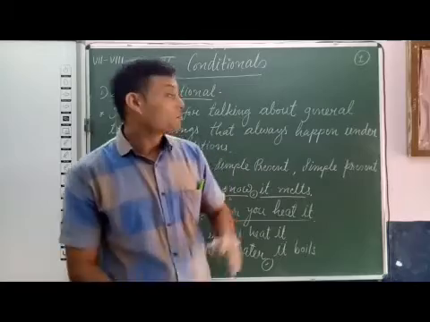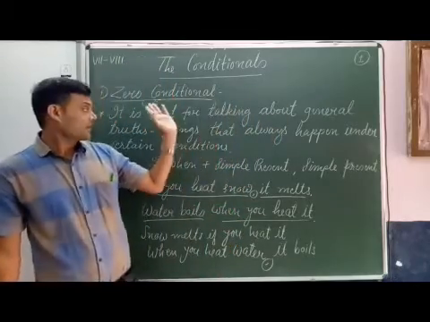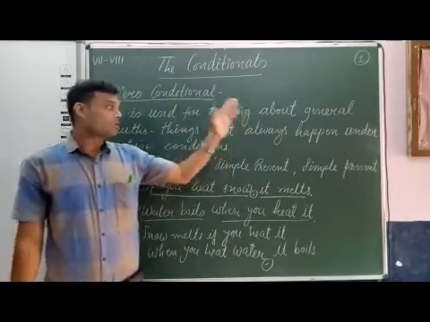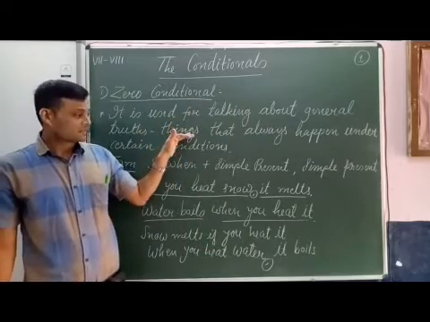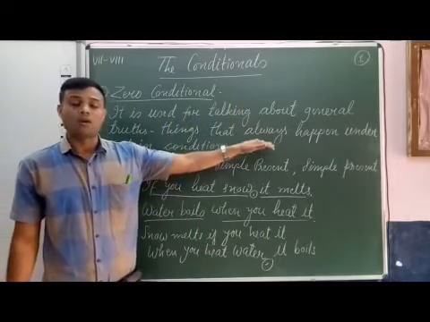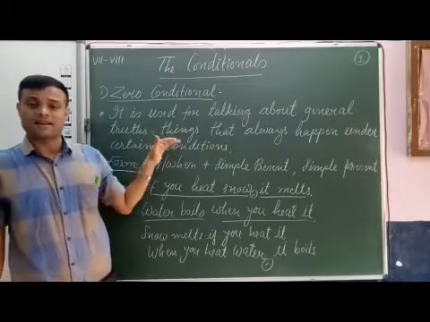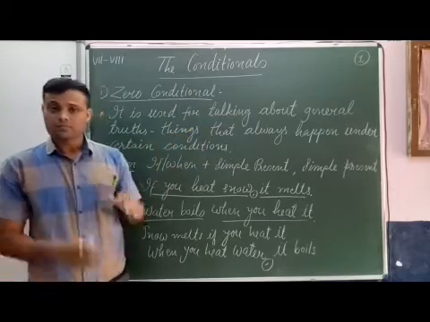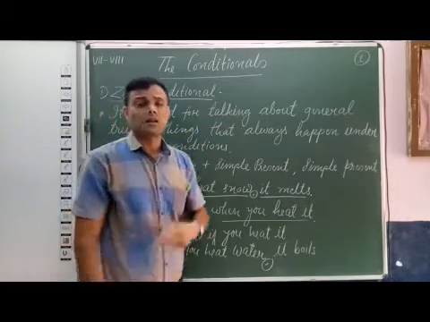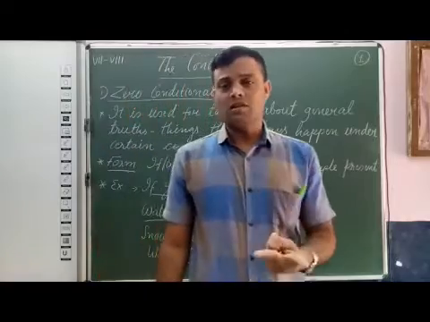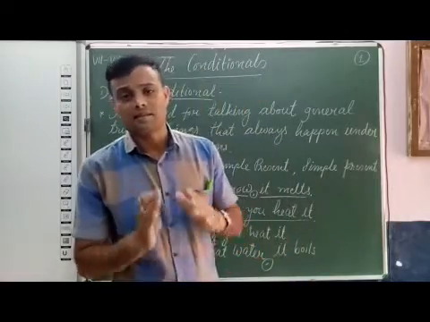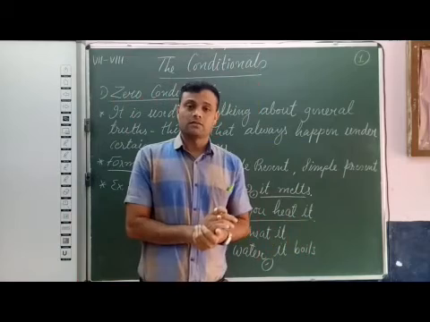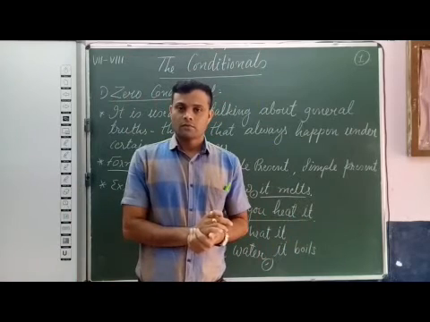I recapitulate: zero conditional is used for talking about general truth, things that have always happened under certain conditions. In zero conditionals, both the clauses are in simple present tense. Thank you, students.